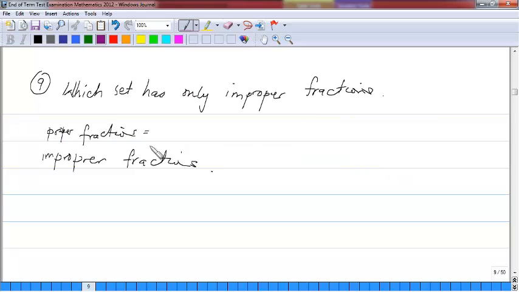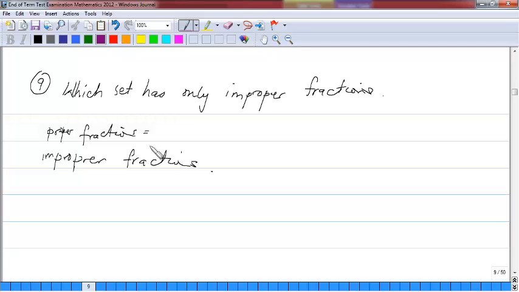Number 9. Number 9 says, which set has only improper fractions? Now proper fractions are fractions where the numerator is smaller than the denominator. That's a proper fraction. An improper fraction is where the numerator is larger than the denominator.